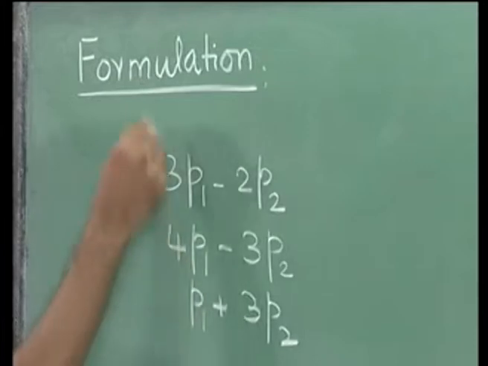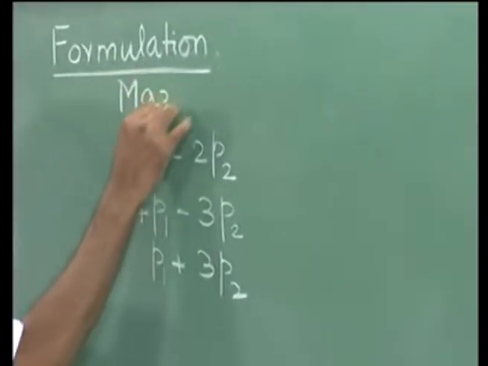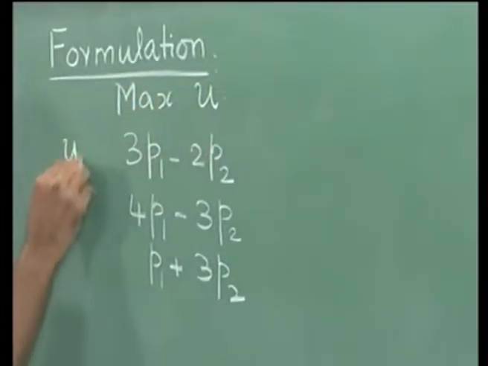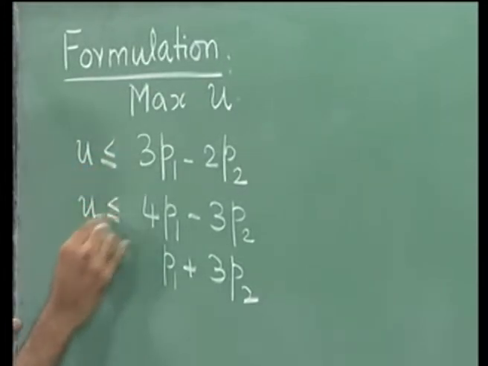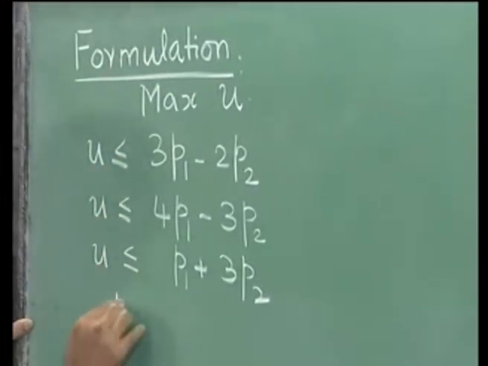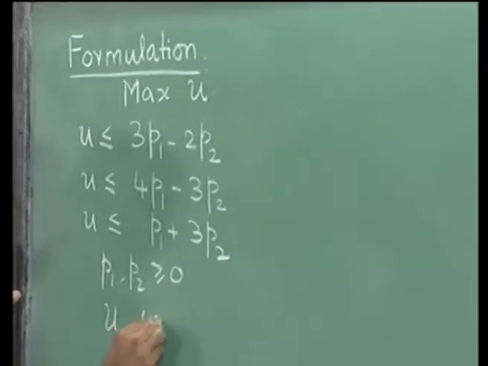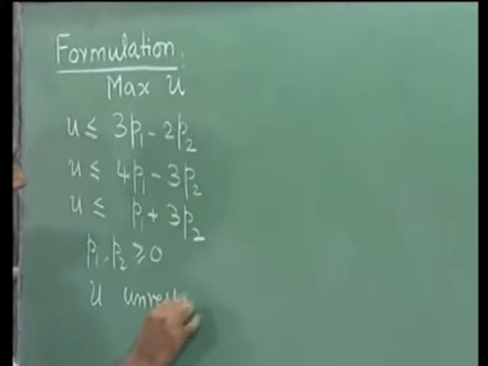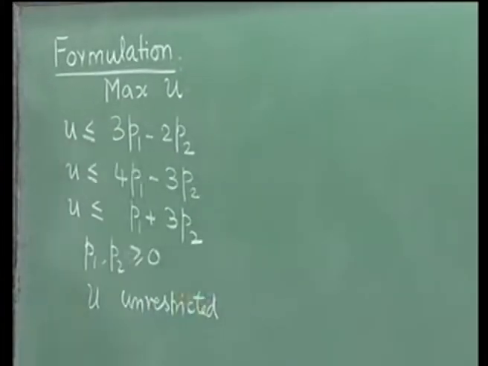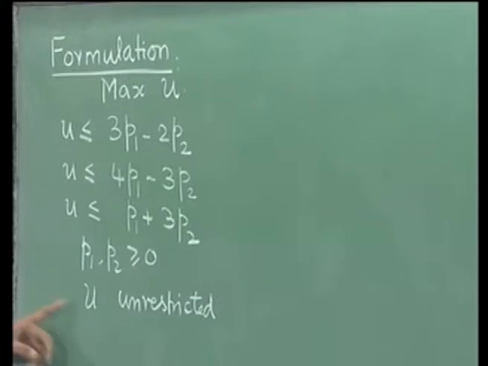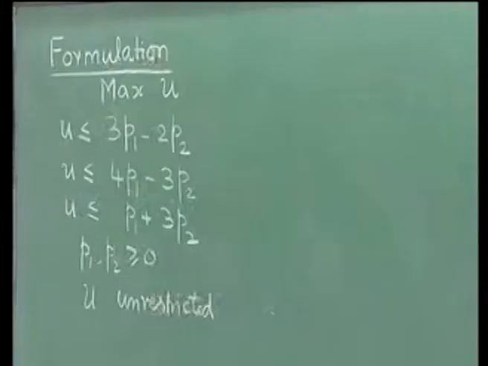So, let the minimum of these 3 profits be U. So, A will maximize U such that U is less than or equal to each of these, P1, P2 greater than or equal to 0, and U is unrestricted in sign. Unrestricted in sign comes because at the moment we do not know at the end of the game whether A will make a profit or a loss. So, U can be positive, 0 or negative.